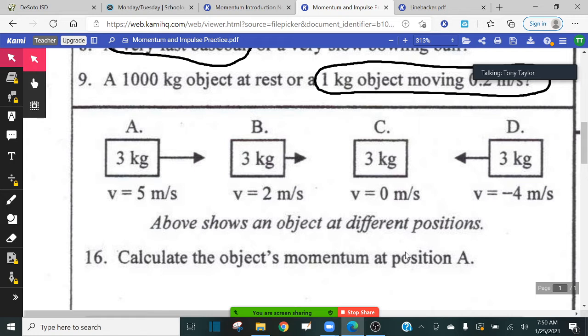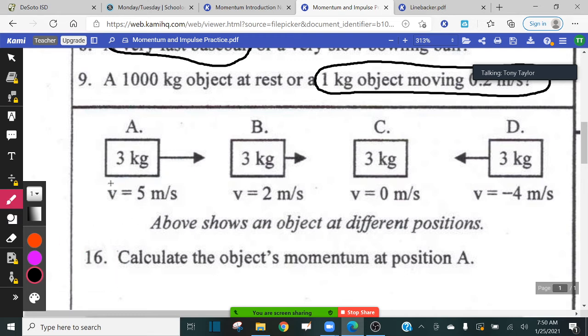Okay, so the question is, before I can answer any of these questions, the first thing that I want to do is numerically calculate the momentum of this object at different positions. So, for instance, when the object is at position A, what is its momentum?